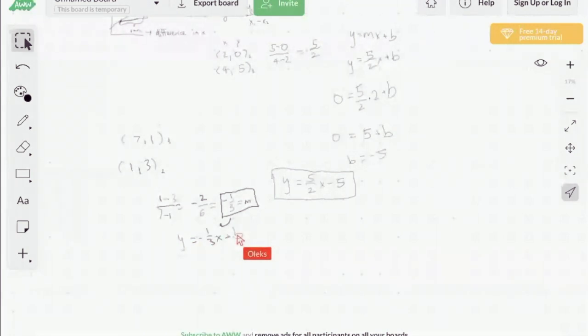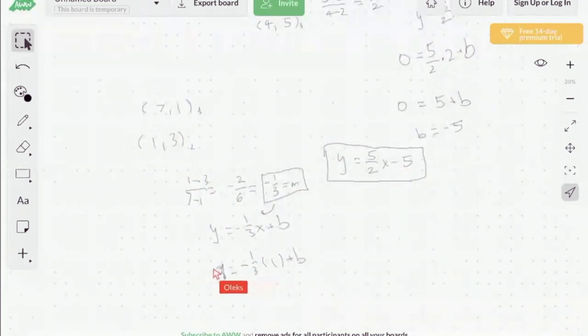And again, we can use any point, y and x, to find b. So let's use 1 and 3. So y is equal to negative 1/3 times 1 plus b. Or not 1, actually, y is actually 3.